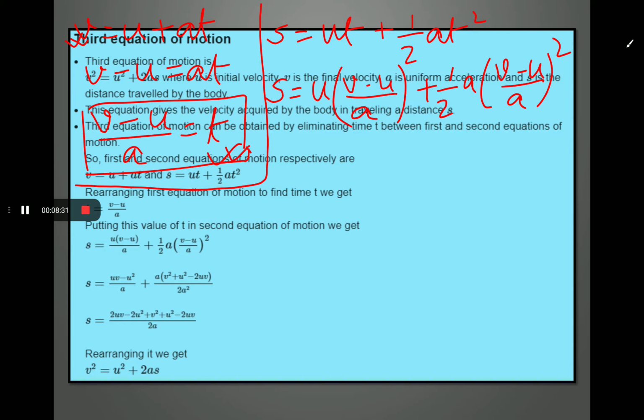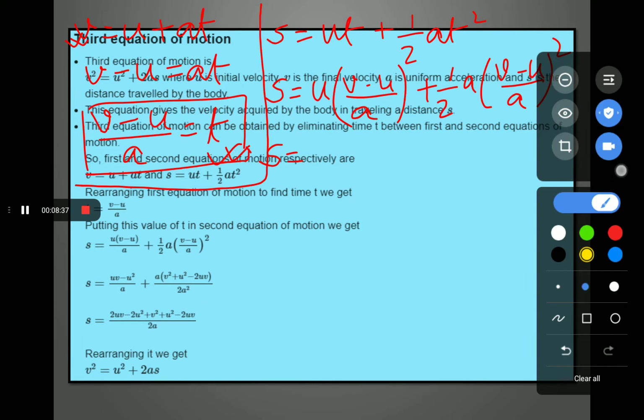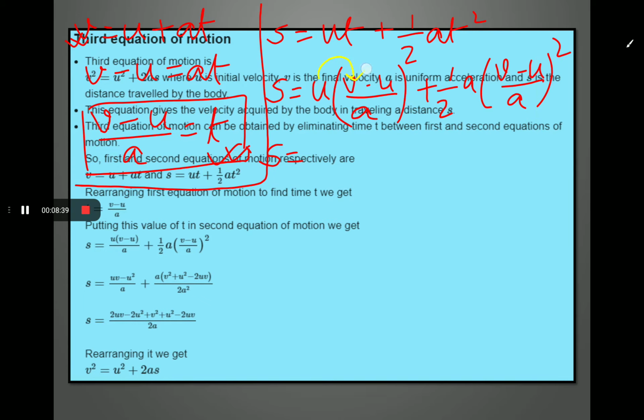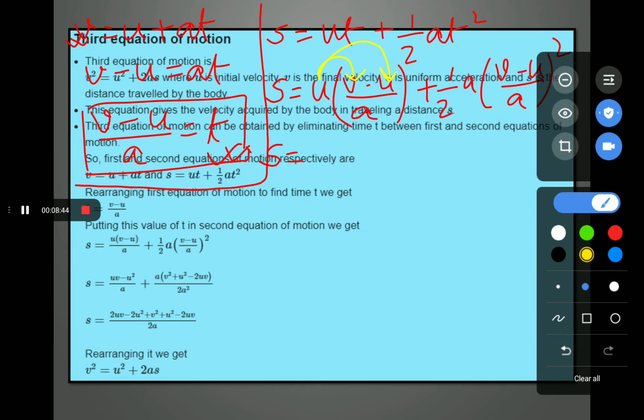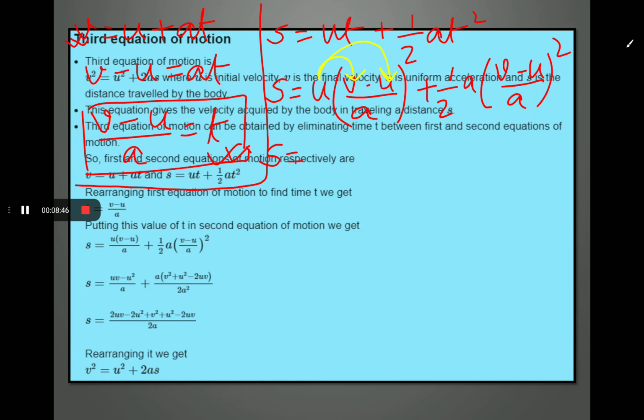Okay. Now we will solve it. S is equal to, here this can be solved as, u is multiplied with v, and u is multiplied with u. So it becomes uv minus u square by a plus 1 by 2 a times (v minus u) whole square by a square.